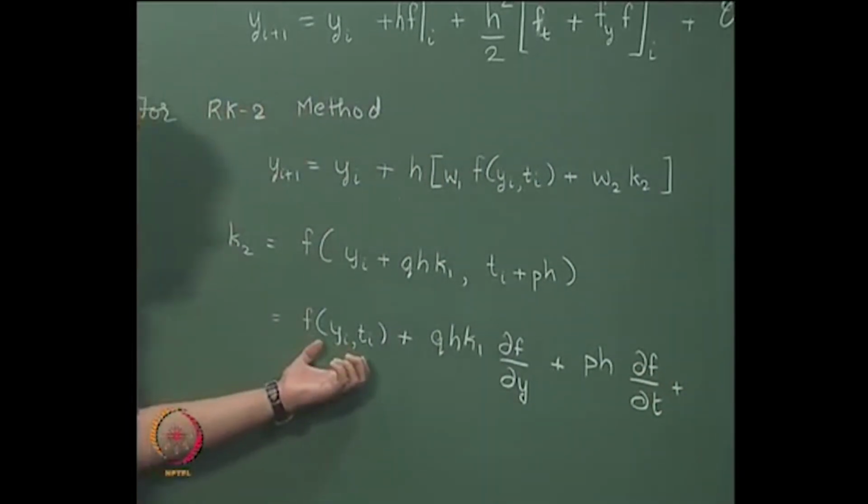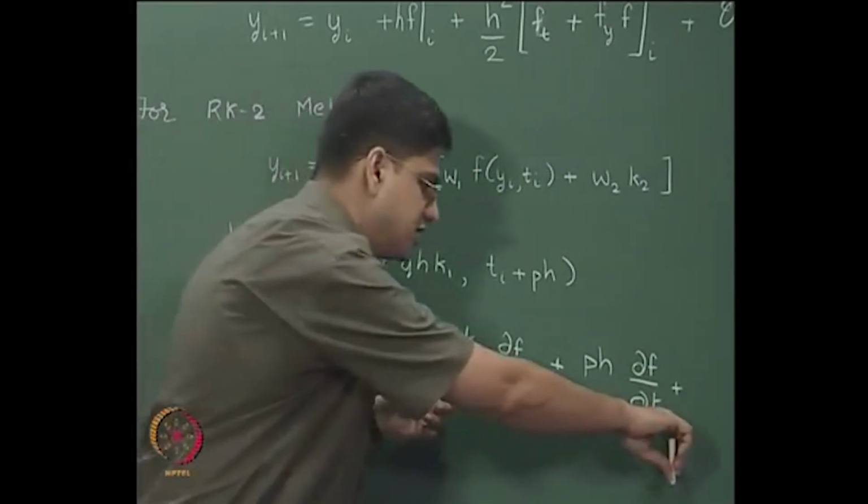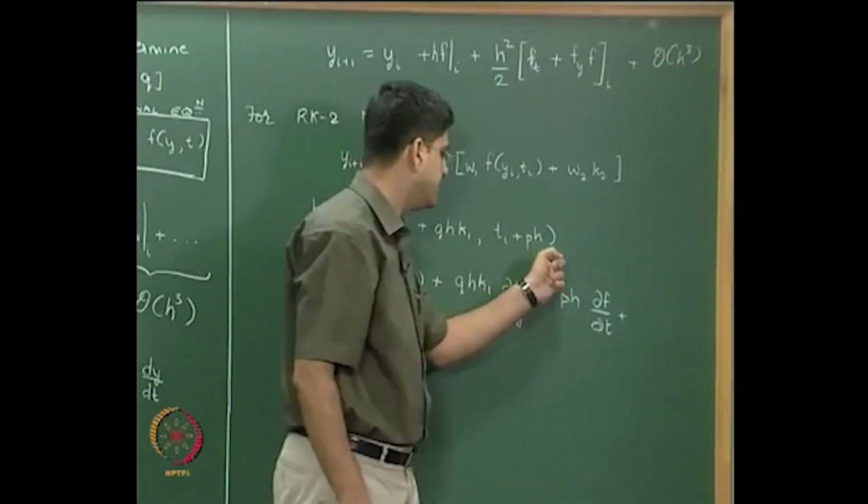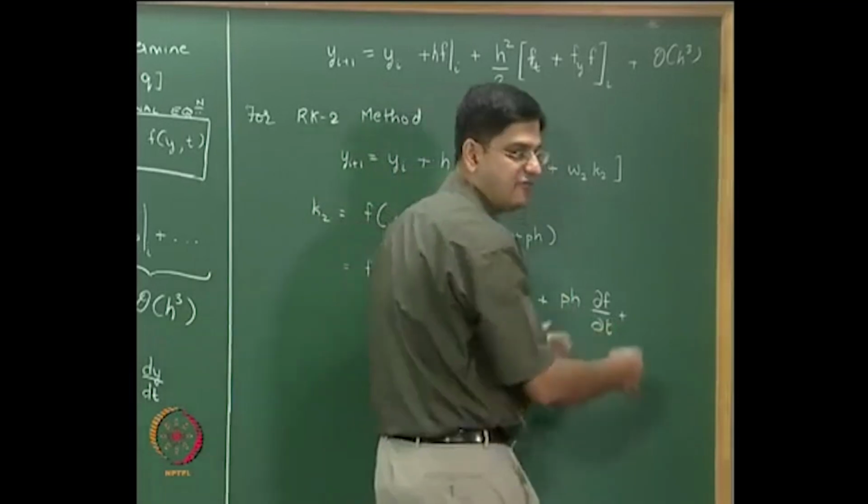Okay, so this is the 0th order term, these are the first order terms in y and in t respectively, and we have the second order term.